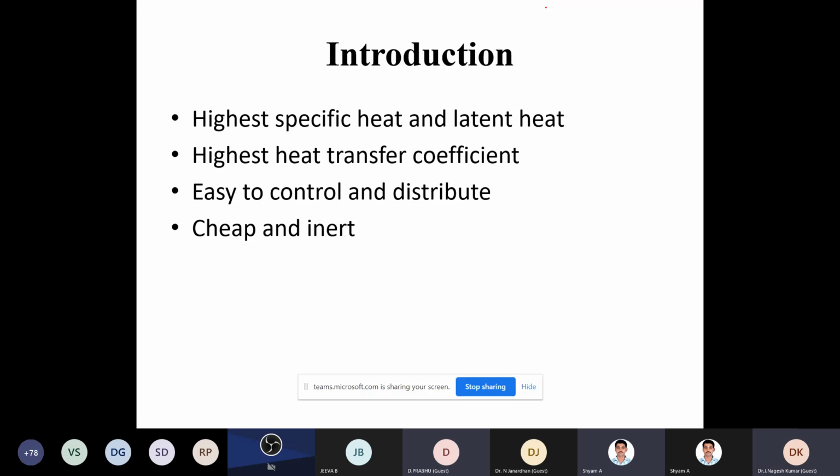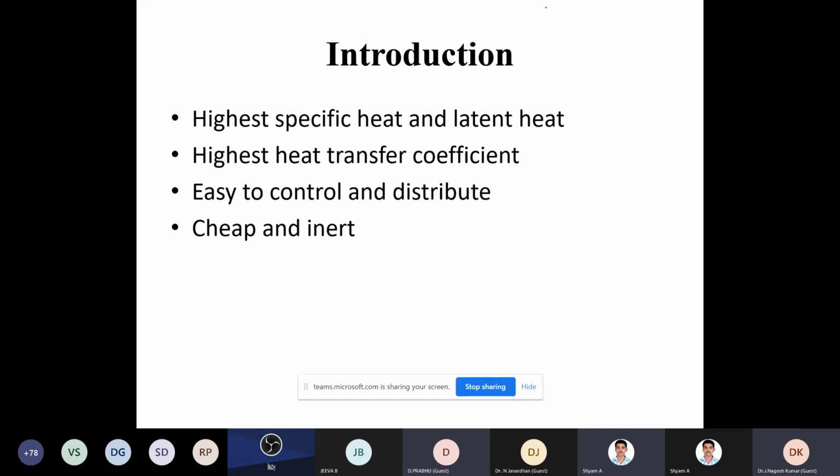One thing is that steam as a heat carrier has one of the highest specific heats. As you know, the specific heat of water is 1 kilocalorie per kilogram degree centigrade, whereas for steel it is only 0.12 kilocalories per kilogram centigrade.